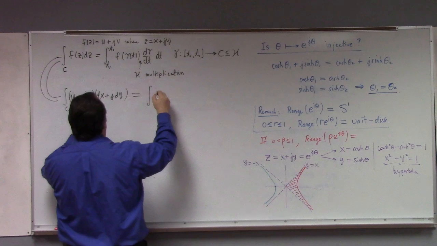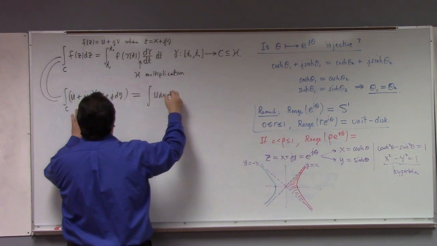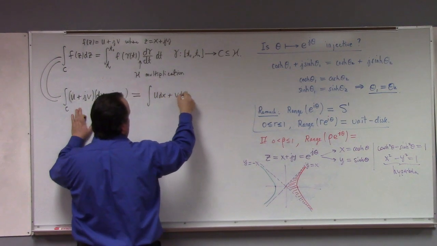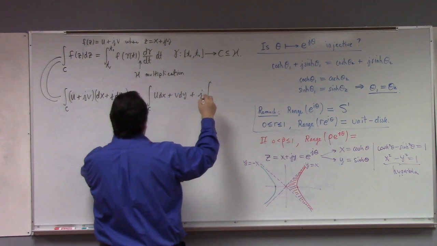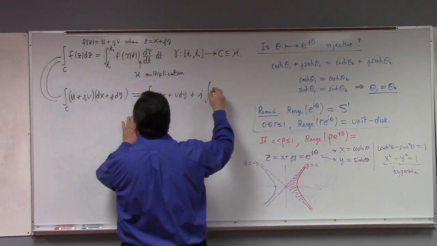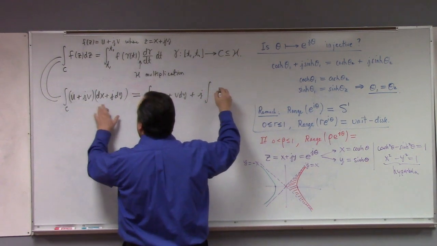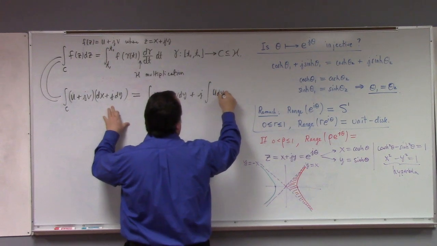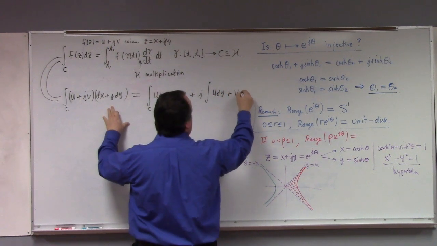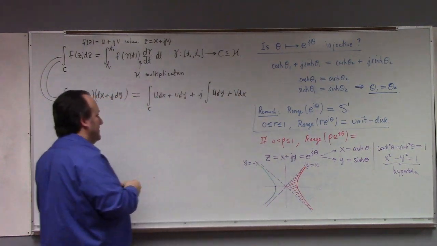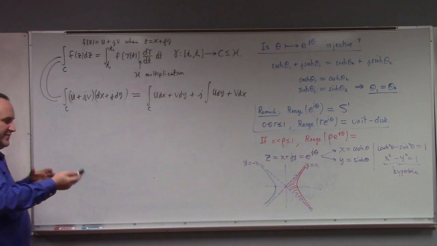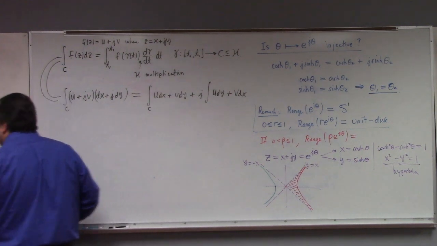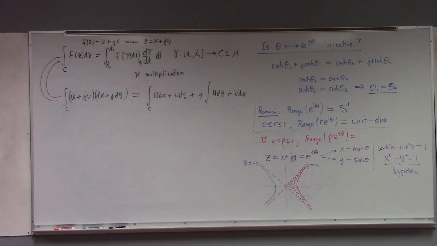This is the integral of u dx plus v dy, plus j times the integral of u dy plus v dx. In some sense it's easier because the signs are more nuanced for complex, where you have to keep track of which one's plus and which one's minus. Everything's plus here. It's all roses, if you like that sort of thing.